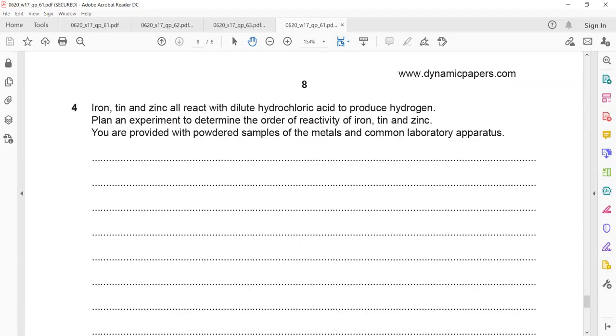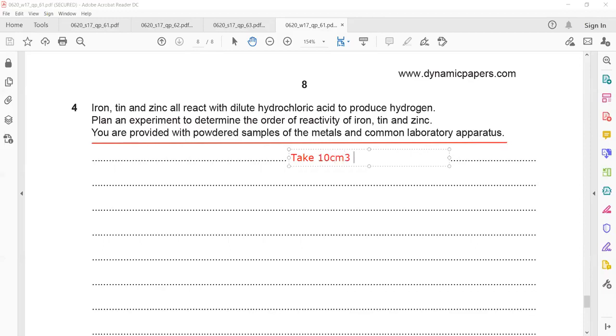So what we can do if we want to identify is measure the rate of the reaction. When metal is reacting with acid, it is giving hydrogen gas. So we will take, for example, 10 cm cube of hydrochloric acid.